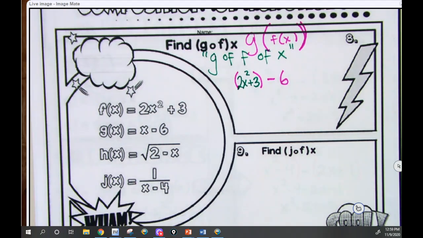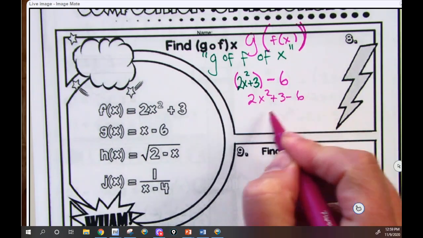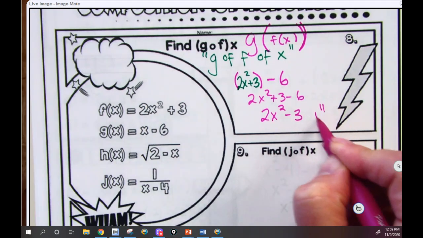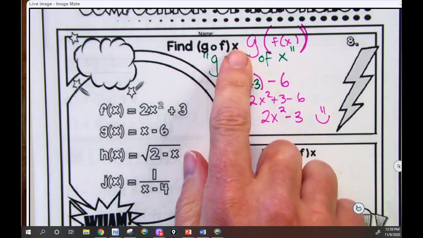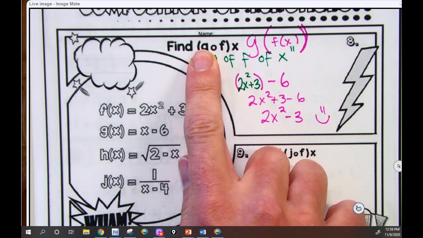Now simplify that. 2x squared plus 3 minus 6 is 2x squared minus 3. So we always work backwards. This says take f and substitute it into g.